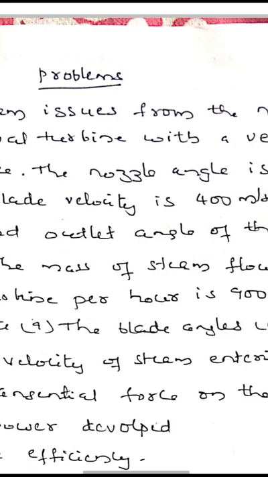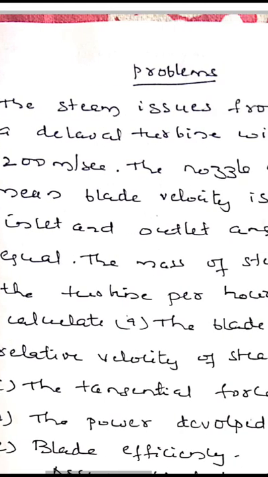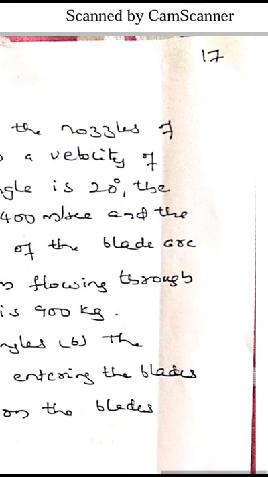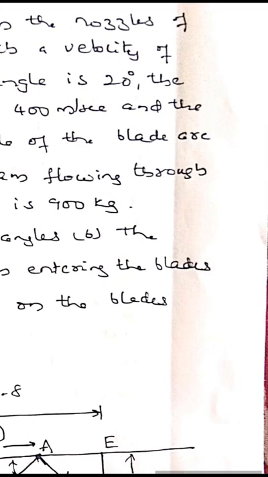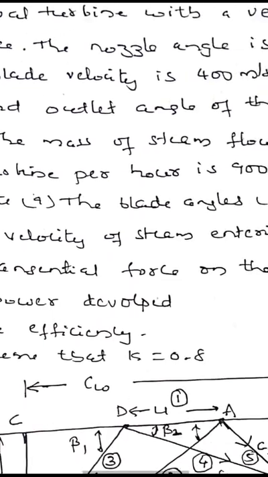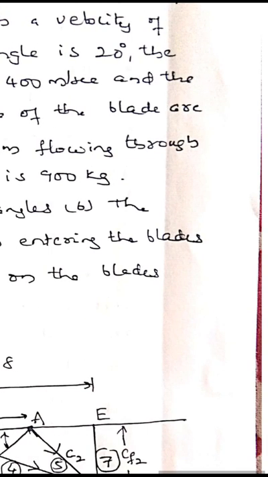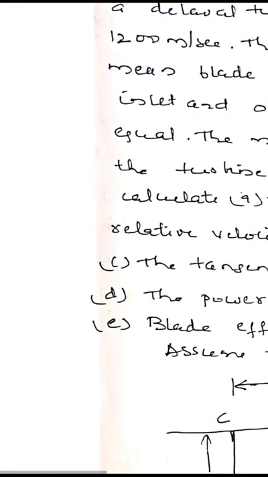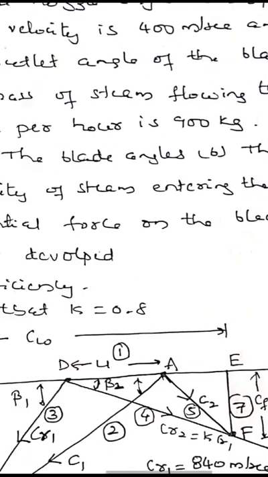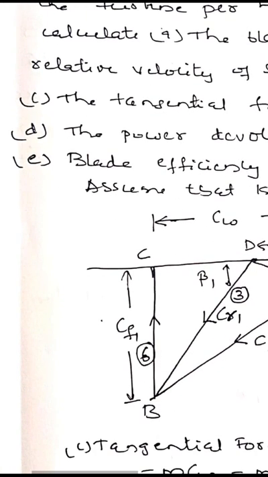The mean blade velocity is 400 meters per second, and the inlet and outlet angles of the blades are equiangular. The mass of steam flowing through the turbine is 900 kg per hour. Calculate the blade angle, the relative velocity of steam entering the blades, tangential force on the blades, power developed, and the blade efficiency.